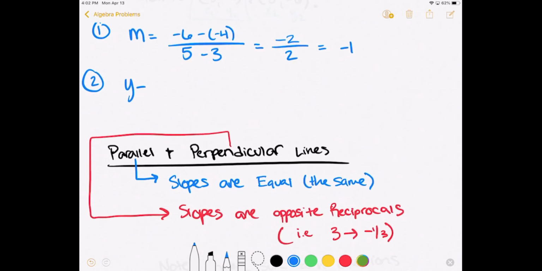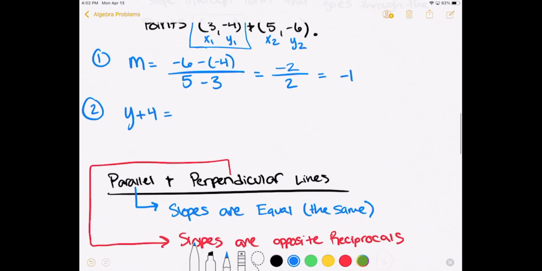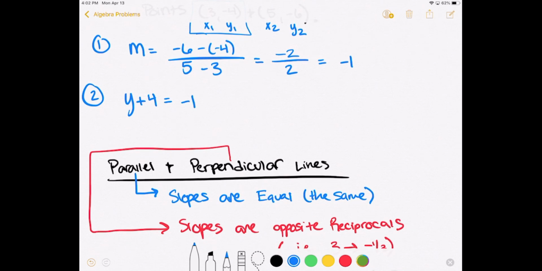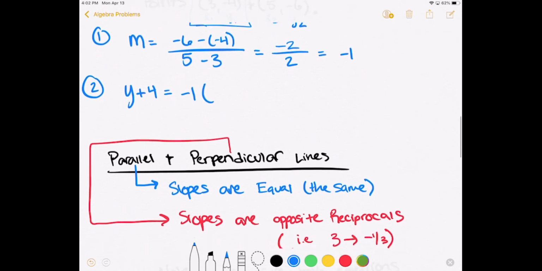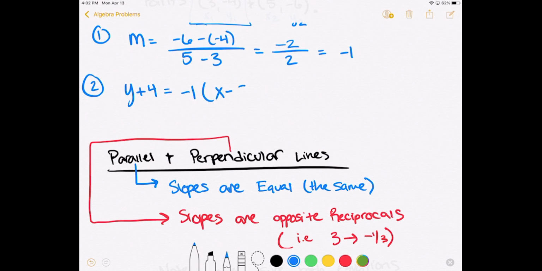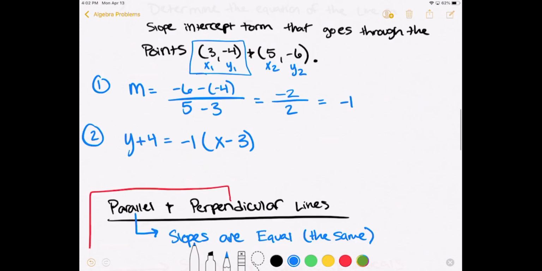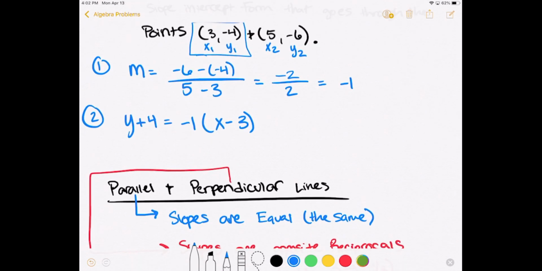So it's y minus a negative 4, or y plus 4, equals my slope, which we said was a negative 1, parentheses x minus x1, which x1 is that 3.